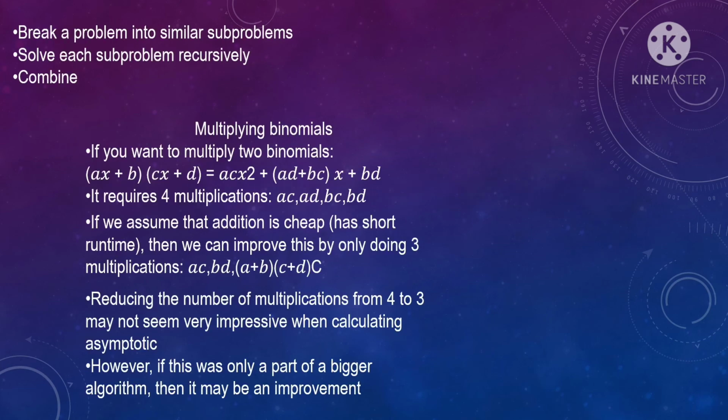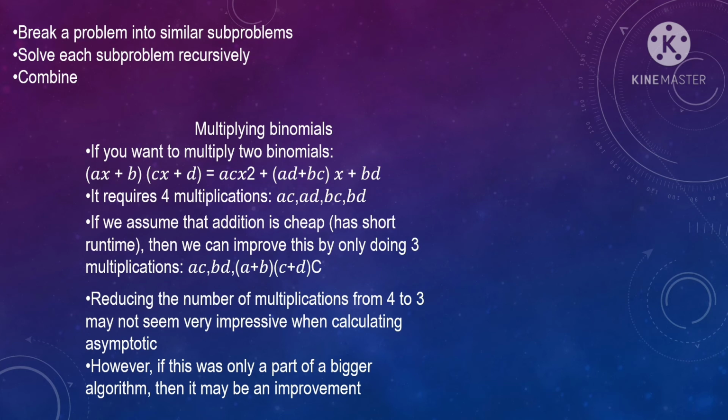Divide and conquer. Break a problem into similar subproblems. Solve each subproblem recursively. Combine. In multiplying binomials, if you want to multiply two binomials, (ax plus b) times (cx plus d) is equal to ac x squared plus (ad plus bc) x plus bd.